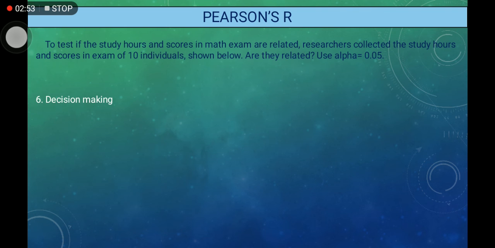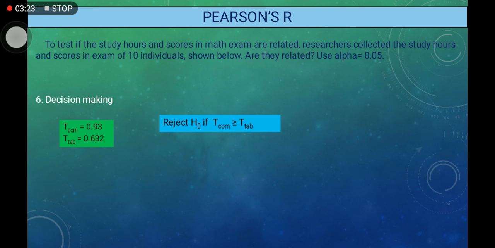Step 6. Decision making. Dito na nga natin malalaman kung i-reject ba natin si null hypothesis or i-accept natin siya. Si TCOM is equal to 0.93 and si TTAB equal siya sa 0.632. So, we will reject null hypothesis if TCOM is greater than or equal to TTAB.